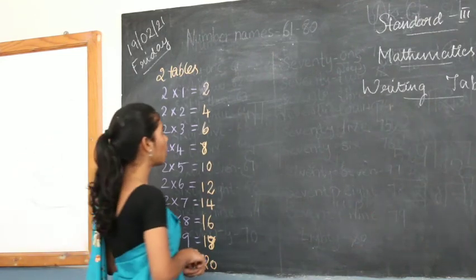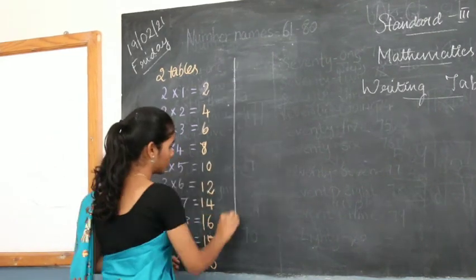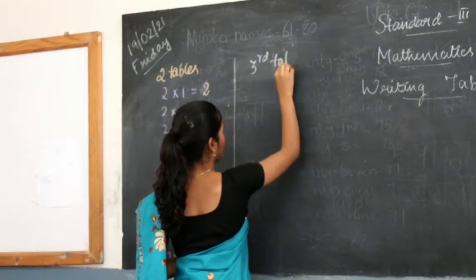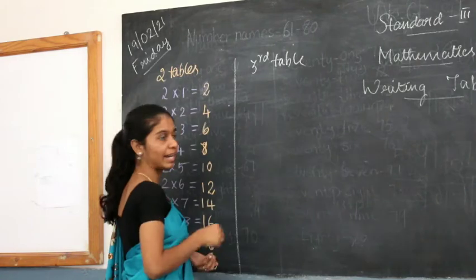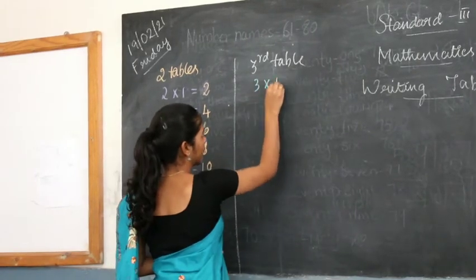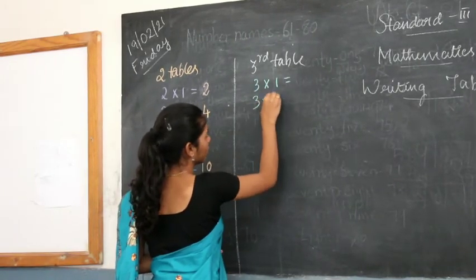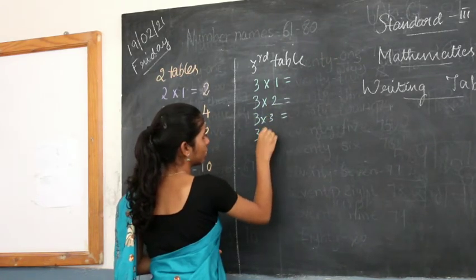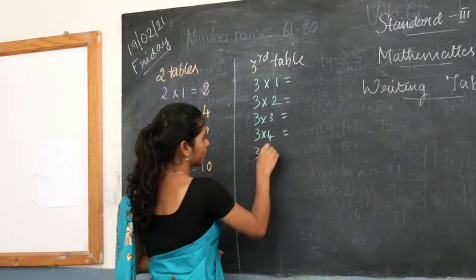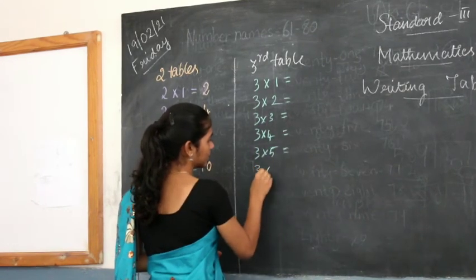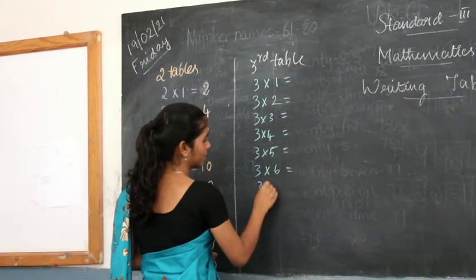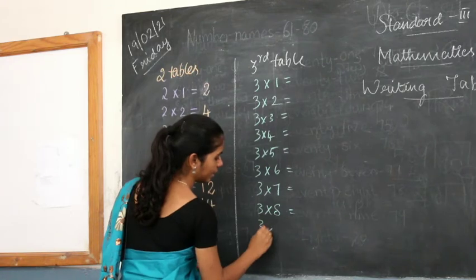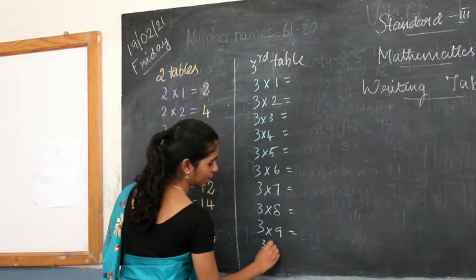Okay. Now we are moving on to the next table, which is the third table. What you should write is 3 ones are, 3 twos are, 3 threes are, 3 fours are, 3 fives are, 3 sixes are, 3 sevens are, 3 eights are, 3 nines are, 3 tens are.